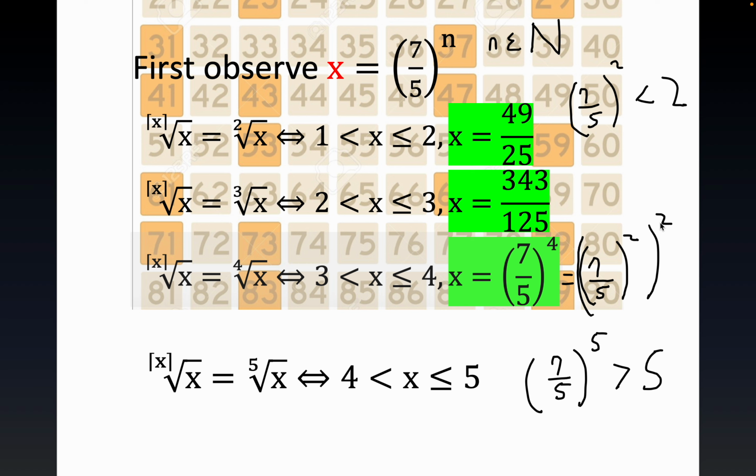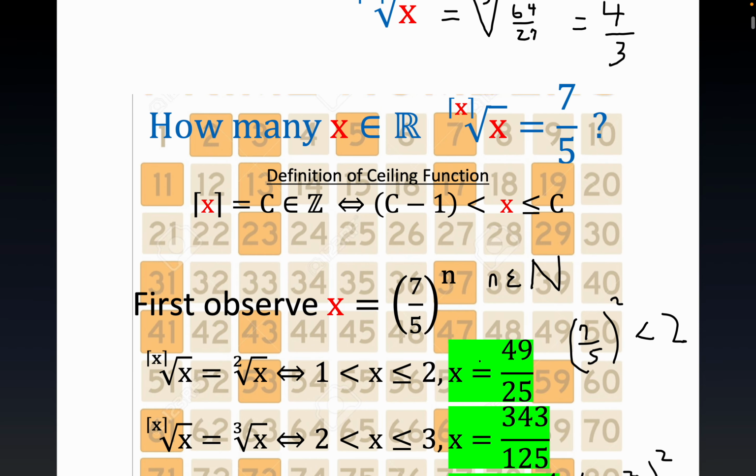If you multiply, 4 times 7/5 would be 28 over 5, which is bigger than 5. That's an approximation, but it's hopefully convincing. So these are the only 3 solutions, and so the answer is 3.